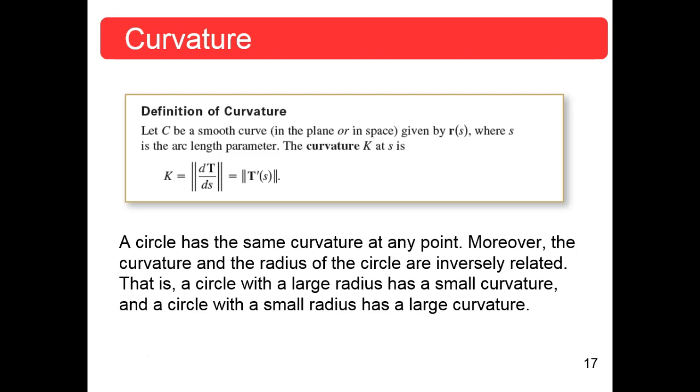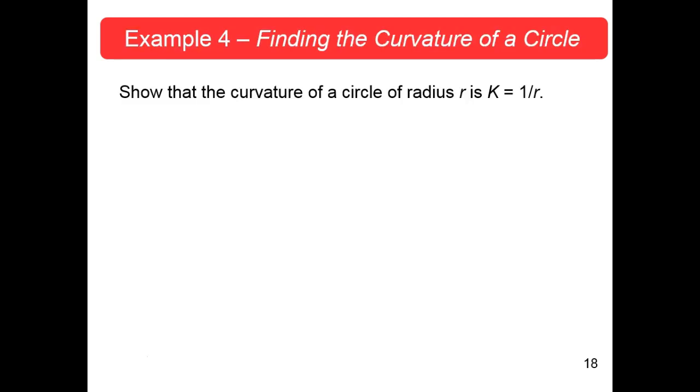Got it? Okay. Now, here's example 4. Show that the curvature of a circle of radius r is 1 over r. Now, a circle of radius r, here we start running into a little bit of a problem, okay?